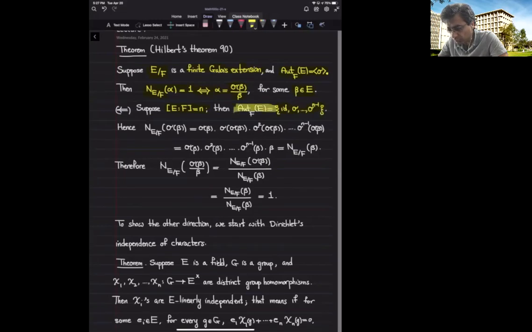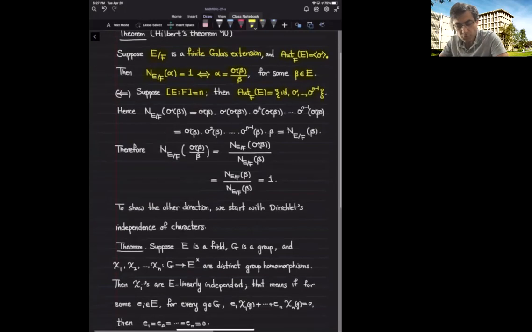That is the group of F linear automorphisms of E. Now, norm of alpha, if alpha is of the form sigma of beta over beta, is norm of sigma of beta over beta.